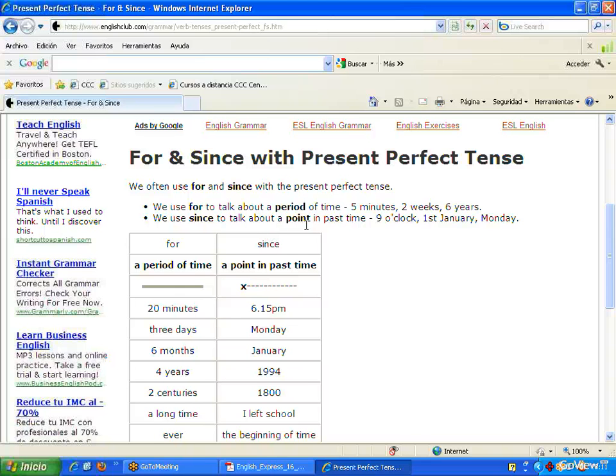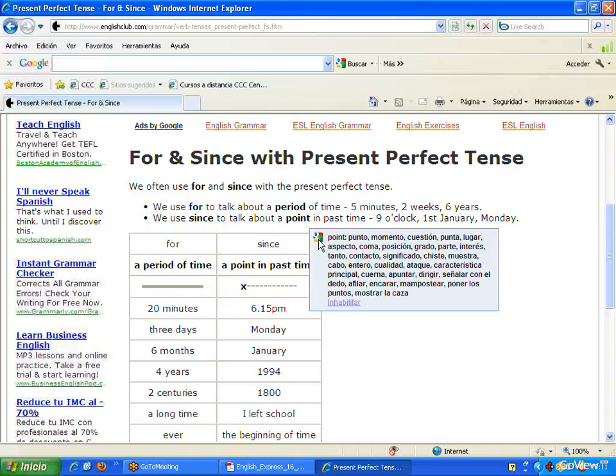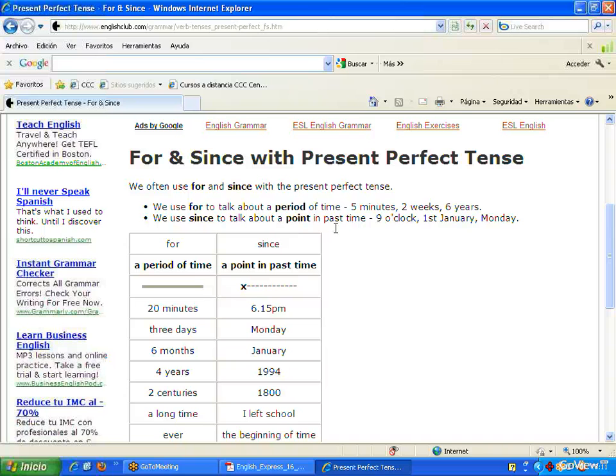In time past. So 9 o'clock this morning. The 1st of January last year. Monday last week. Or Monday morning this morning. Now it's Monday afternoon. So Monday morning is pasado.